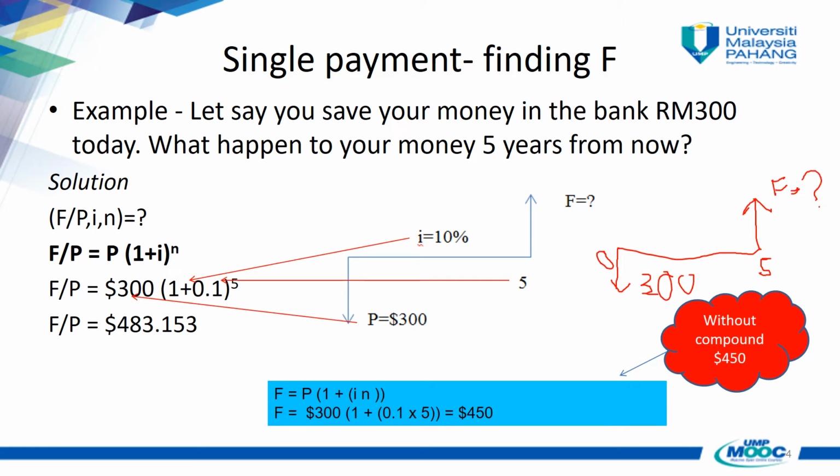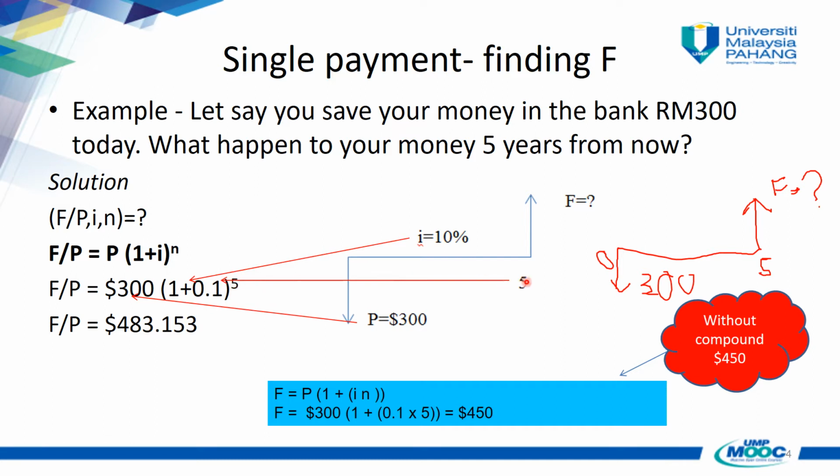So if we calculate, we are finding F when we know the P and also your interest rate i. Your P here is 300 ringgit, and your interest rate is 10%, equivalent to 0.1, over 5 years.